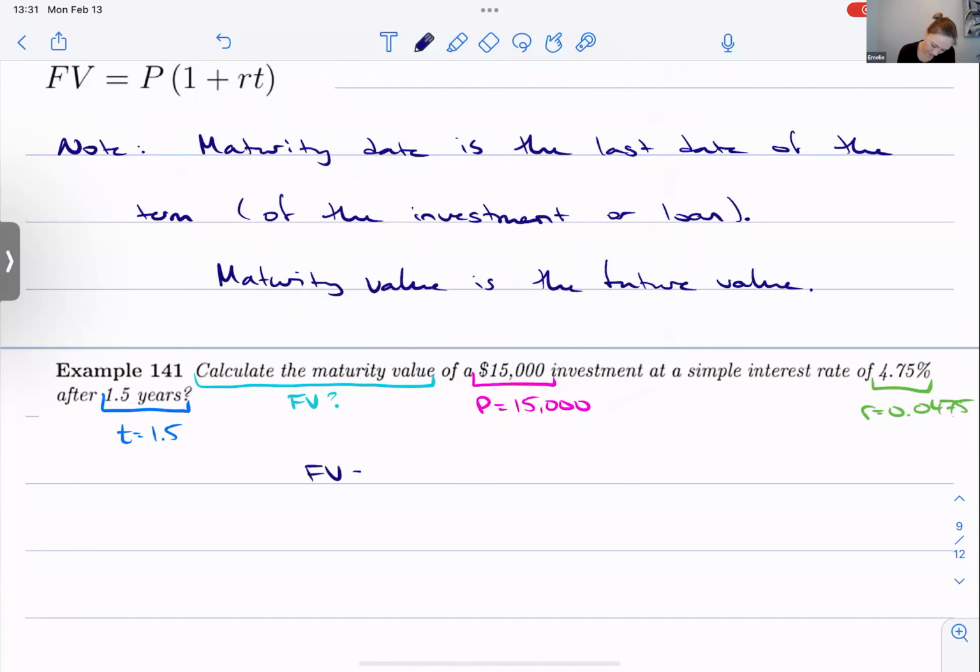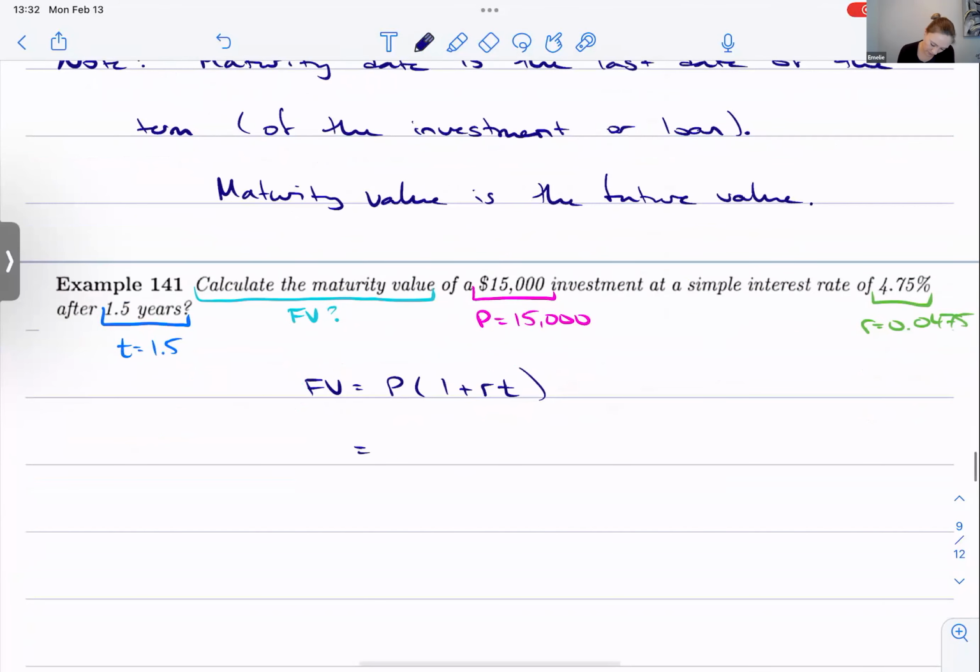We're going to use the future value as P times 1 plus R times T. Now I'm solving for the future value, so that can just stay on the left-hand side. P is 15,000 times 1 plus 0.0475 times 1.5.